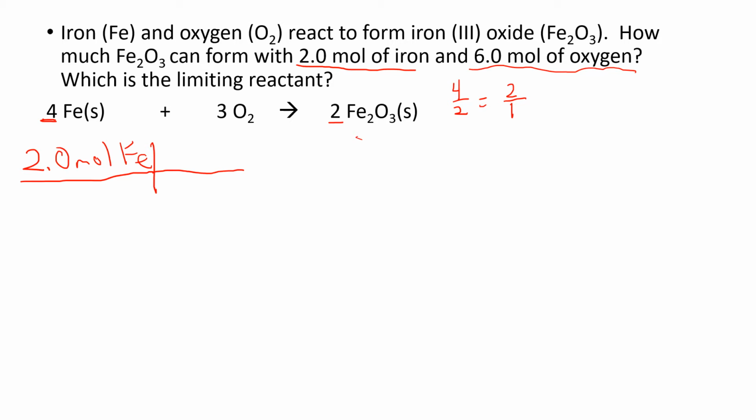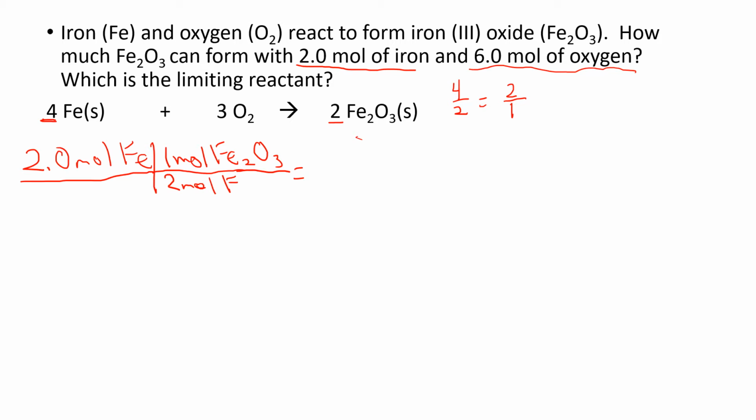So for this one, we can simply say that for every 2 moles of iron, 1 mole of iron 3 oxide is formed.